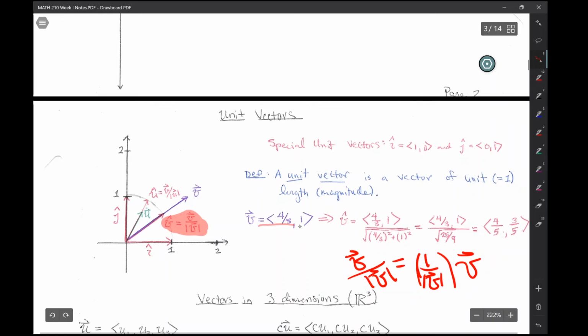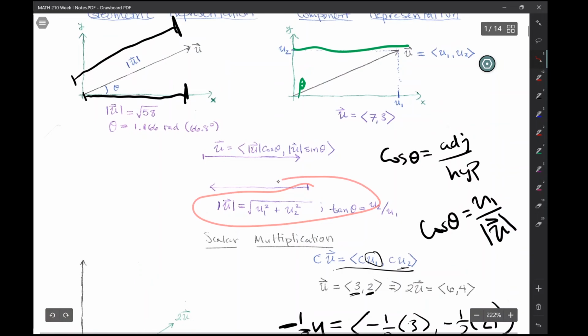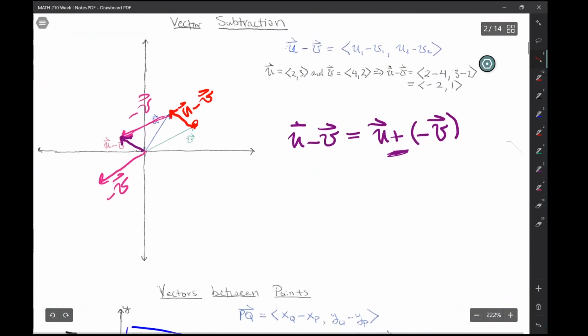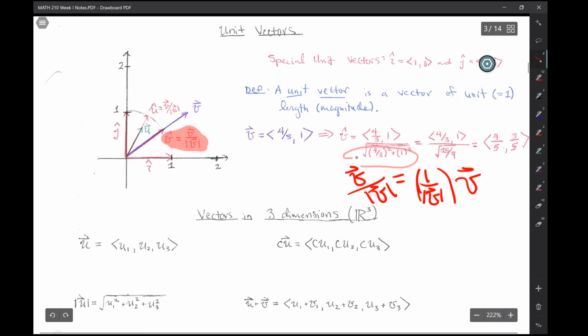So here, let's take the example of the vector v. We have 4/3 and 1. That's our v, that's what's above there. And we're going to divide it by the magnitude. What's the magnitude? Well, we have that formula all the way up here. We talked about that formula. That's how you get the magnitude of a vector. And so we take the magnitude, which is the square root of 25/9, or 5/3.